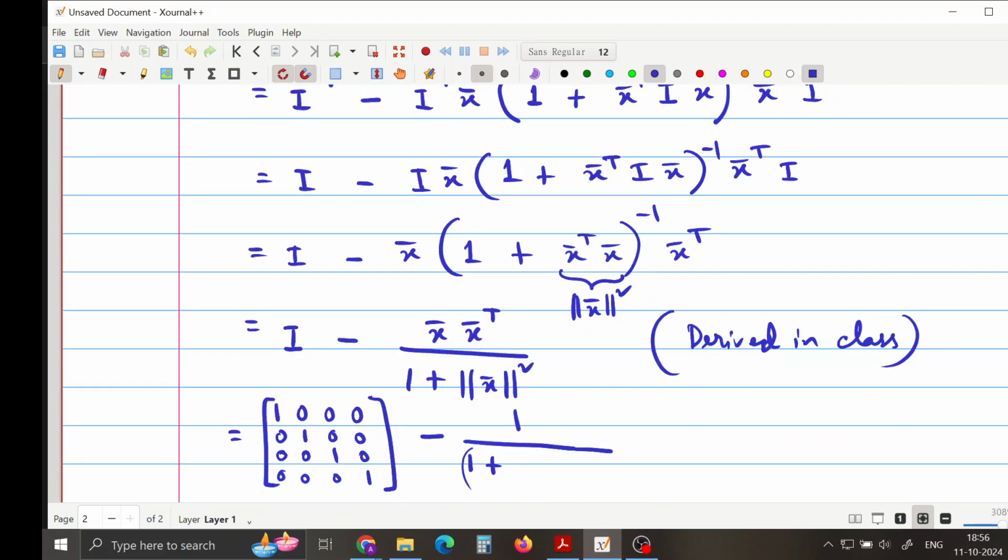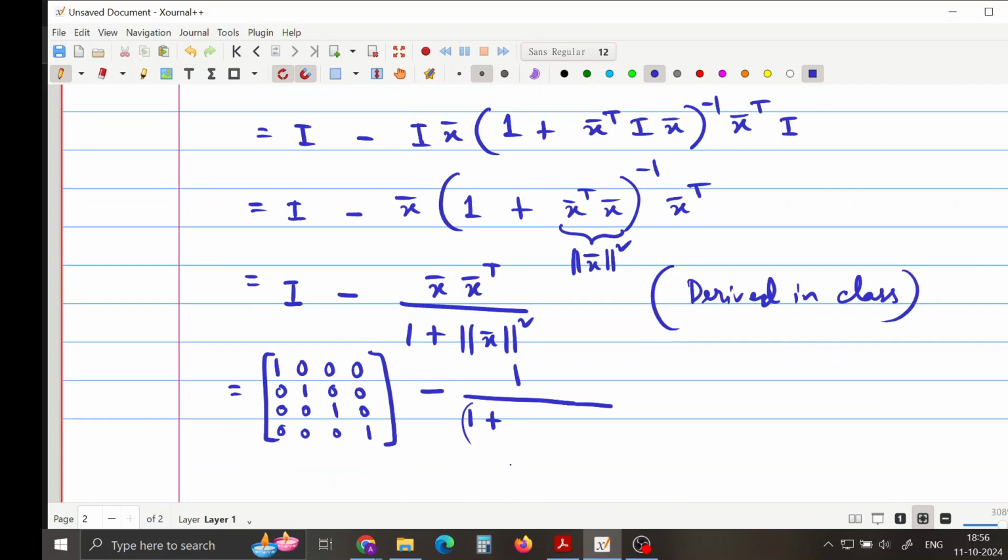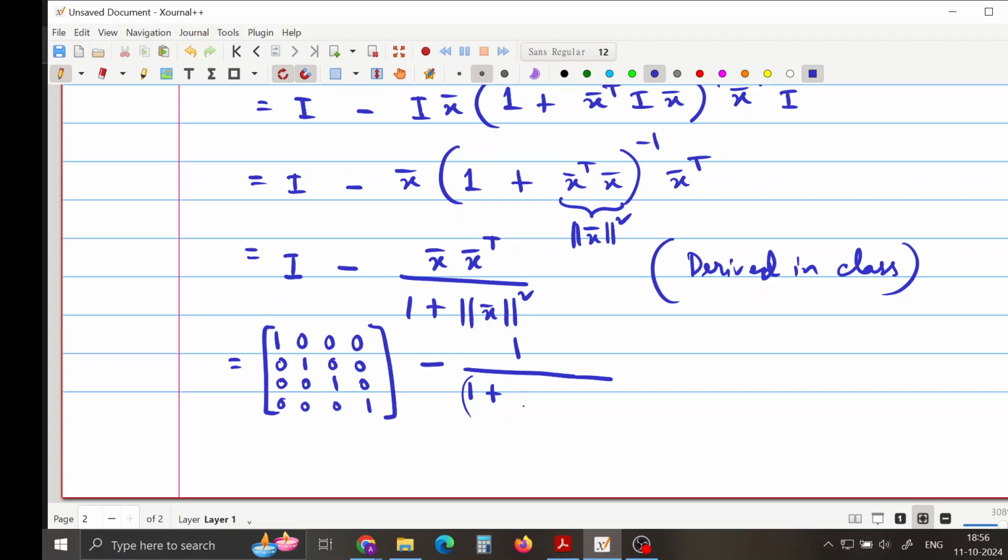So the norm square of that is simply the sum of the square of the elements, right? Because this is in the real domain. So this part here is your norm x squared.